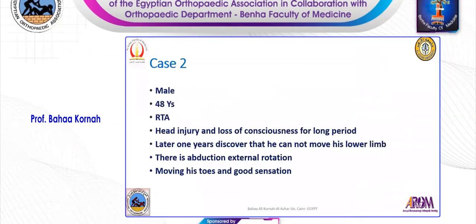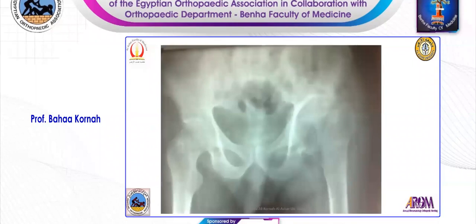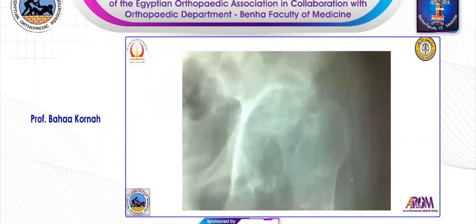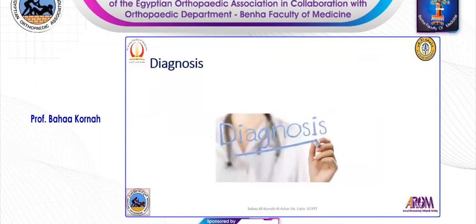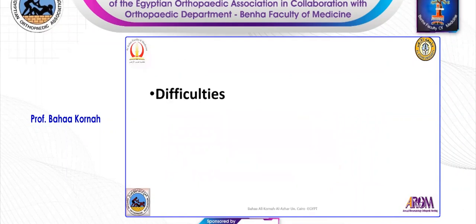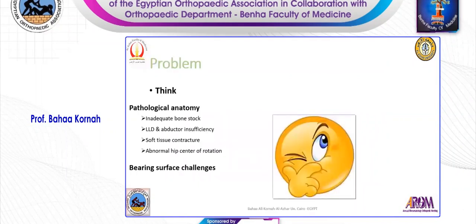This is a second case, a male, 48 years, RTA with head injury and inability to walk. And this is his X-ray. This shows wandering of the acetabulum with complete resorption of the head. This is a close-up view, and this is a 3D CT scan. The diagnosis at that time was difficult, but we reached that this may be a case of Charcot hip. The difficulty in this case is to think about the pathological anatomy affecting the hip.